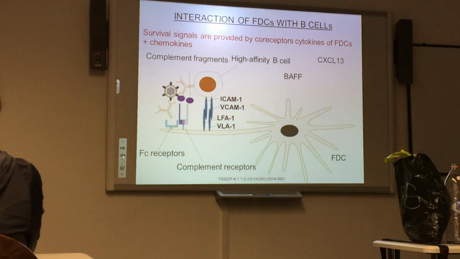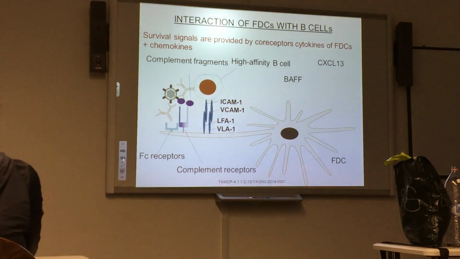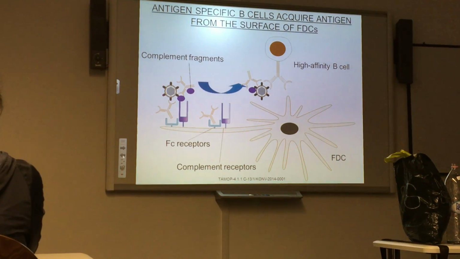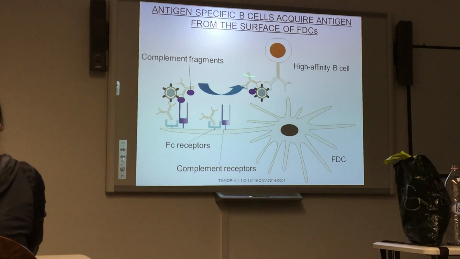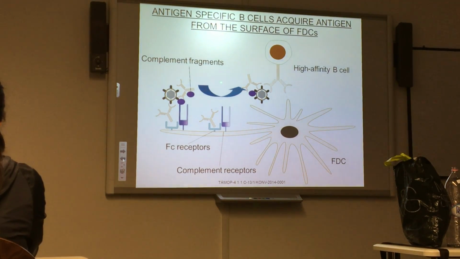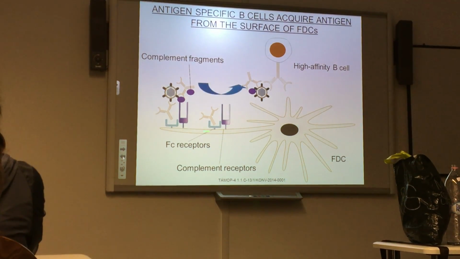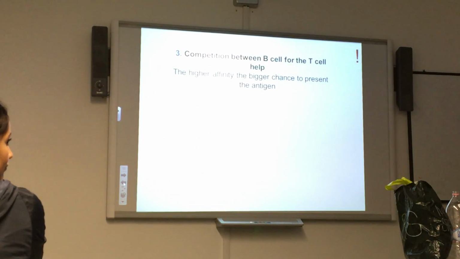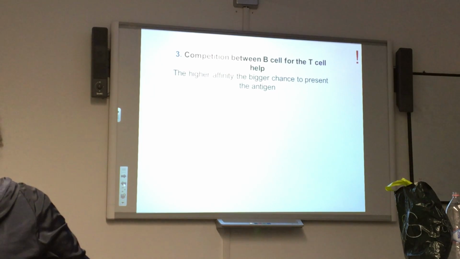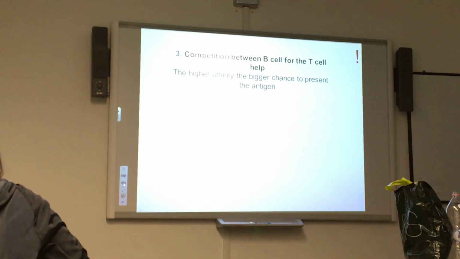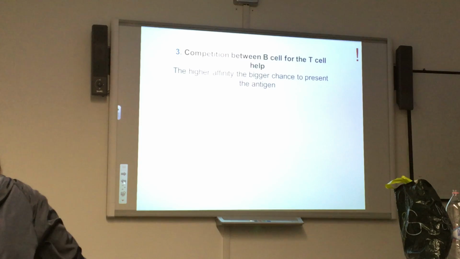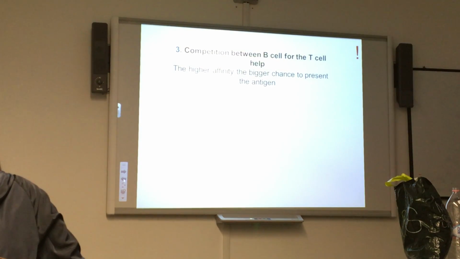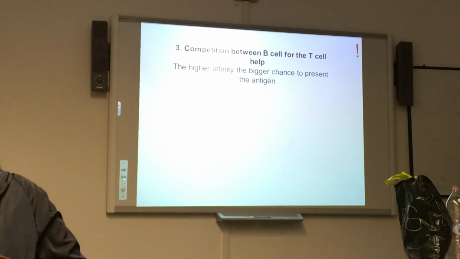Yes, this is the immune complex which reactivates the B cell. The B cell removes this immune complex from the surface of FDCs and will present it to the T cell. But it's a competitive mechanism because, again, the affinity of the BCR is responsible for the T cell presentation.